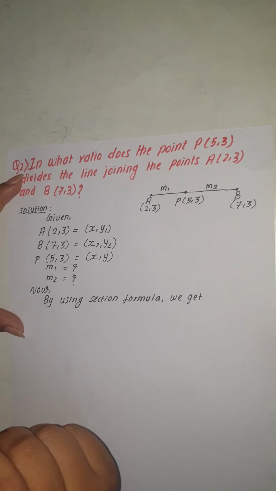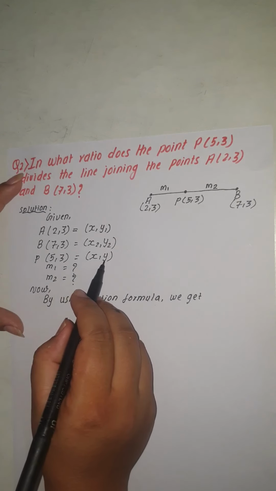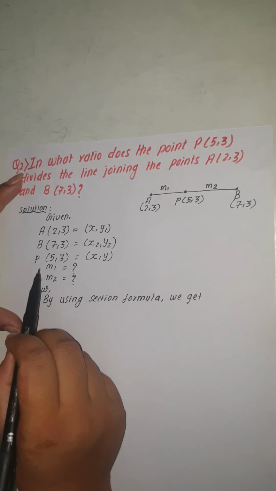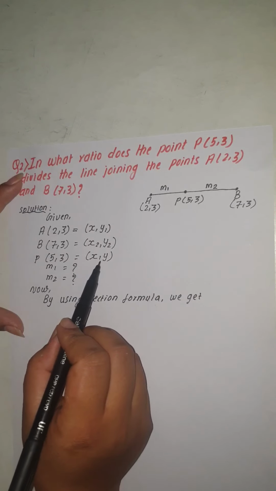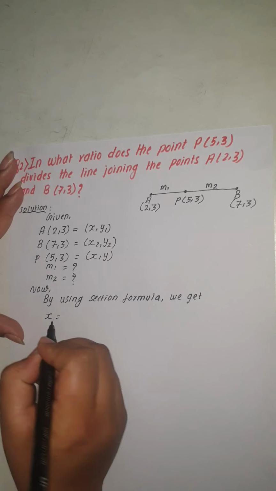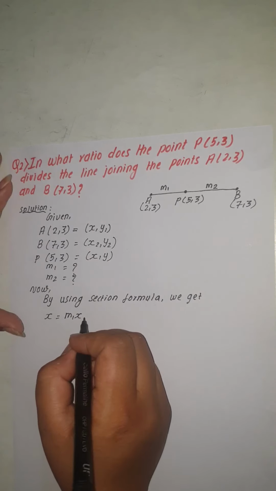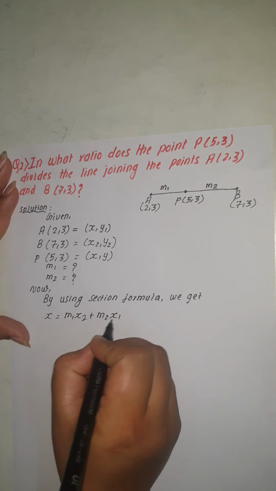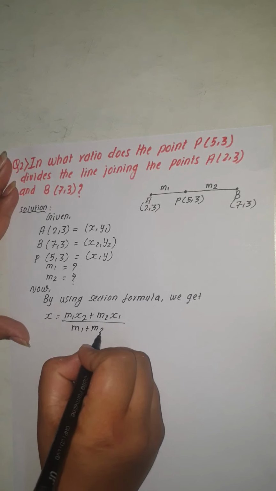It has two separate formulas for x and y, and in both formulas there is m1 and m2. You can go through x or through y, you will get the same values. So first of all, I'm going through x in the exam. Our formula is x equals (m1 x2 plus m2 x1) by (m1 plus m2), right?